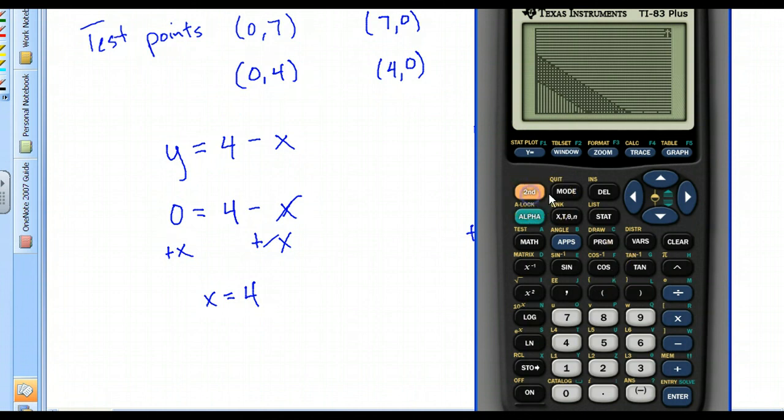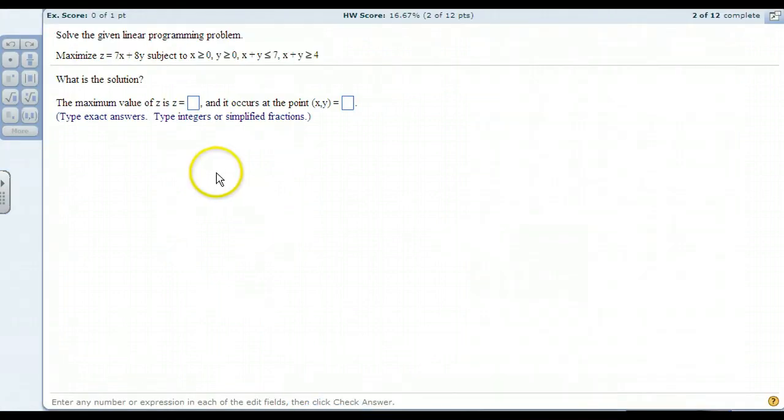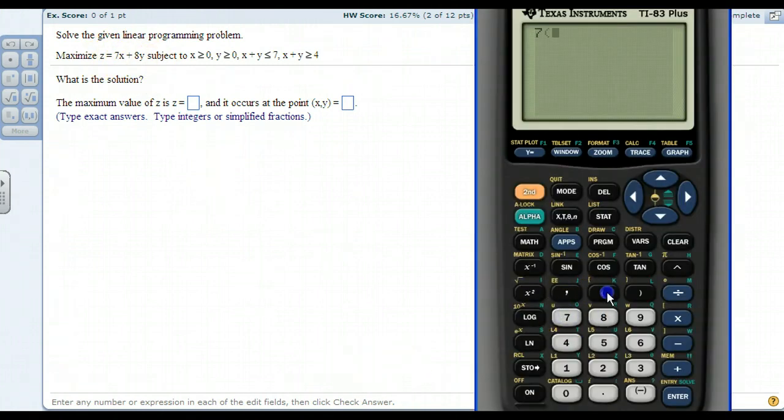Alright, now go back to your main screen. There's our objective function, 7x plus 8y. So one of our points was 0, 4.